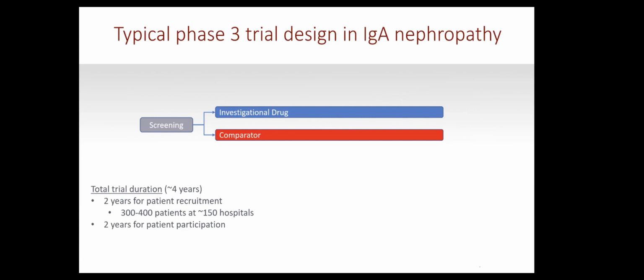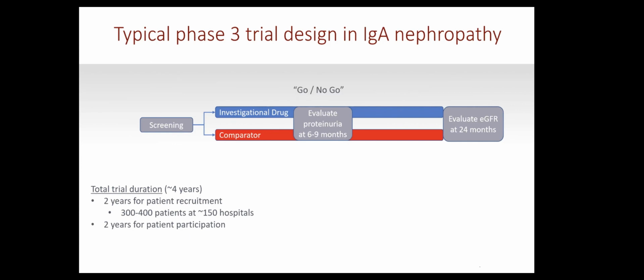So we'll allow for 2 years for patient recruitment, and then 2 years typically for patient participation. And we'll look to evaluate proteinuria at 6 to 9 months after treatment. And we'll measure rate of loss of eGFR at 24 months. So we'll look at the slope of eGFR over time.